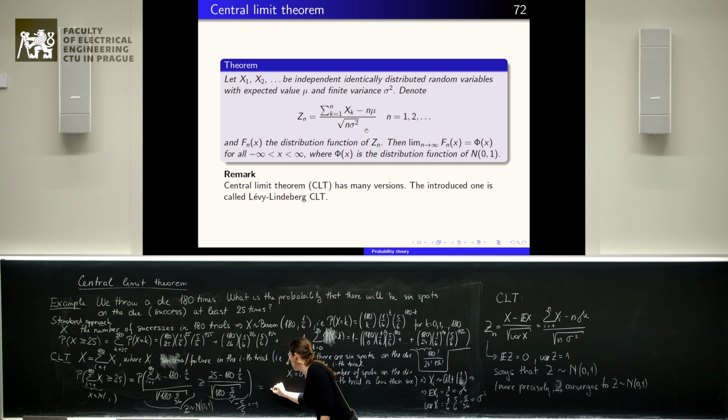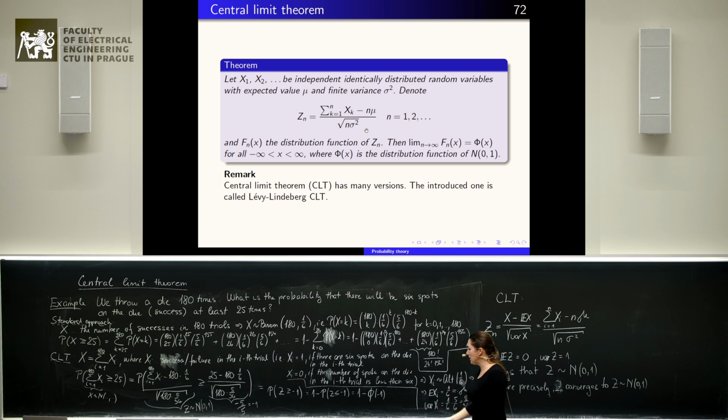Okay, so it means that we transform this solution to the solution we know from last lectures. We want to calculate the probability that z with standard normal distribution is greater or equal to -1, which is 1 minus the probability that z is less than -1, and since z is continuous random variable, we can write the equality here, meaning that we obtain 1 minus the distribution function of standard normal distribution in the value -1.